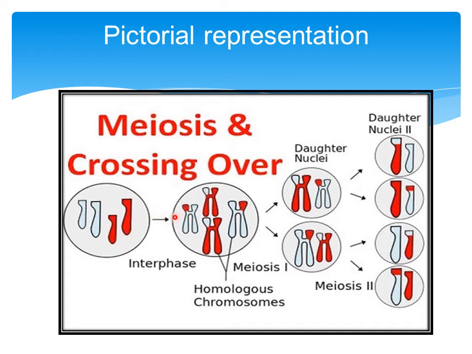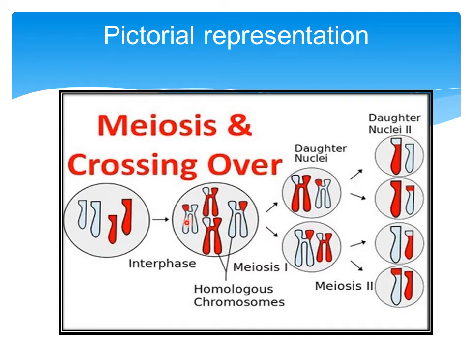Now what happens in the next step? These non-sister chromatids of the tetrad which break open rejoin each other. You can see one is red and one is white. They are rejoining, and this rejoining is called crossing over or chiasmata. So an exchange of some genes, or some portions of the chromatids, takes place between the paternal and the maternal.